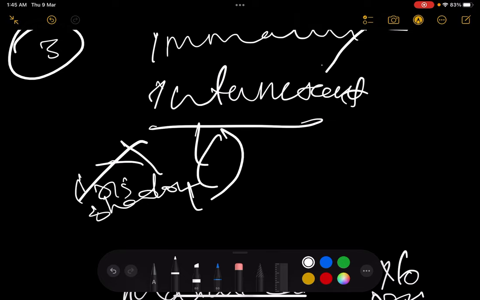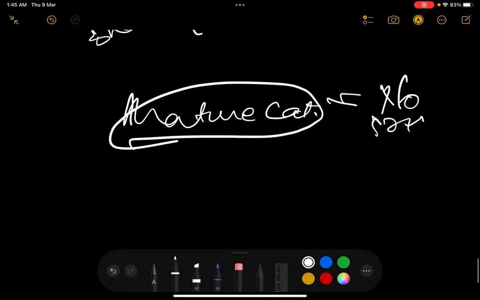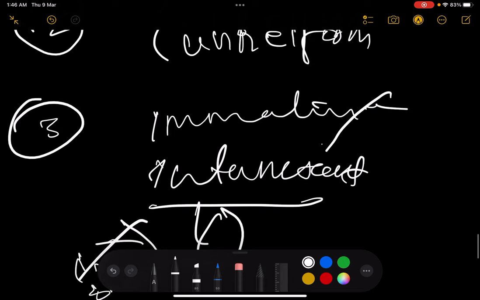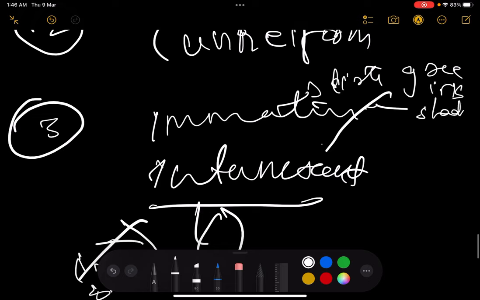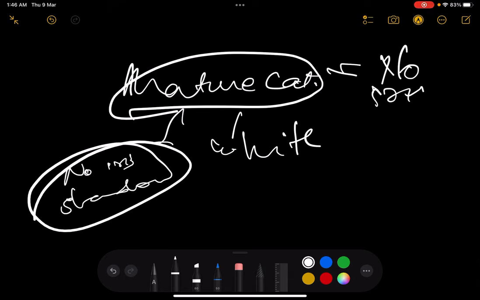And your intumescent and then your mature cataract. So mature cataract is white in color, but your immature cataract is dirty green. Your iris shadow is preserved, iris shadow positive, versus no iris shadow.